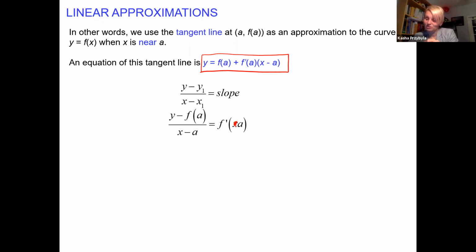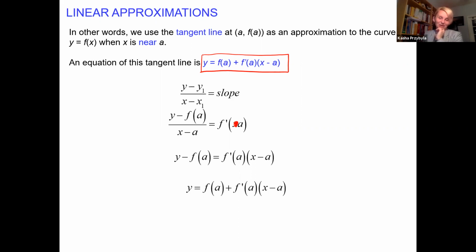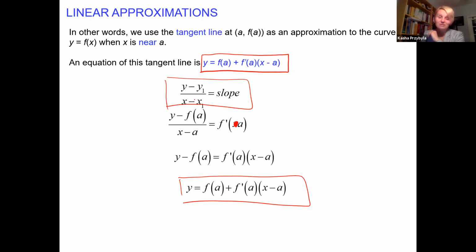The slope, of course, is the derivative, and we just multiply by x minus a and add f of a. The same equation came from the slope formula, which gives the point slope form. Everything is connected.